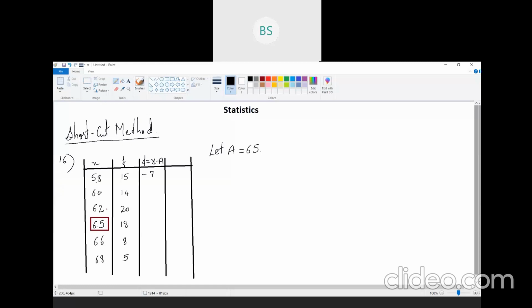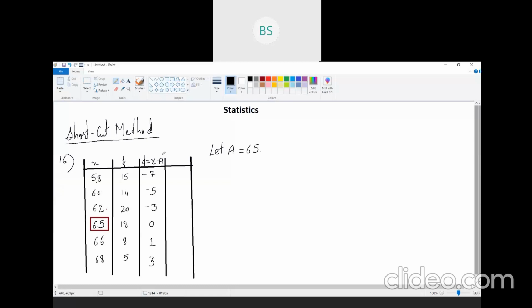Next, 60 minus 65 gives minus 5. Then 62 minus 65, minus 3. Then 65 minus 65 is 0. Now 66 minus 65 will be 1. And 68 minus 65 will give you 3.